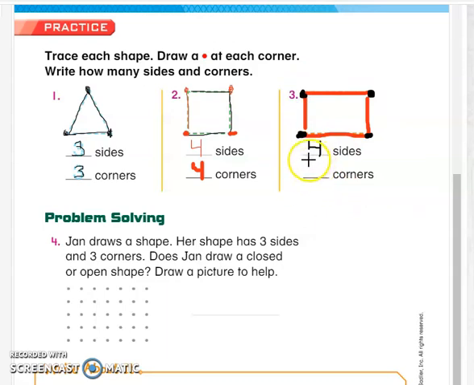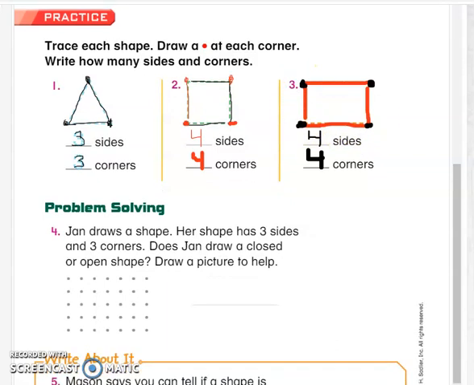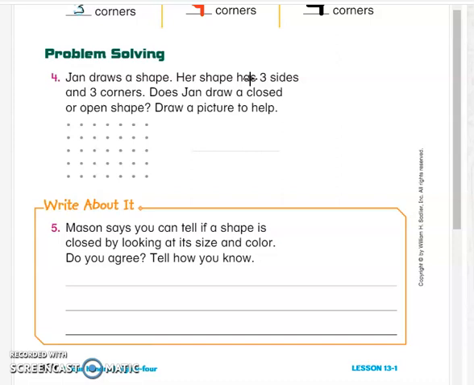So I again have 4 sides, and now I have 4 corners. All right, so I have 1, 2, 3, 4 corners, and then I have 1, 2, 3, 4 sides. All right, let's move on to number 4.